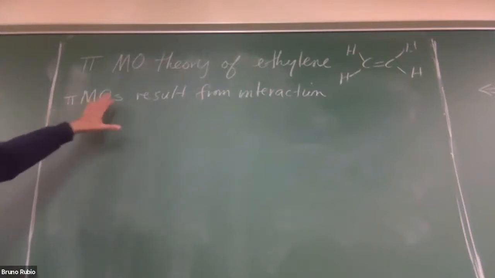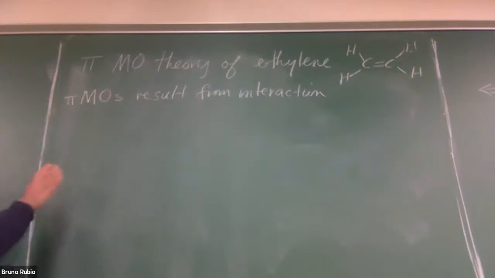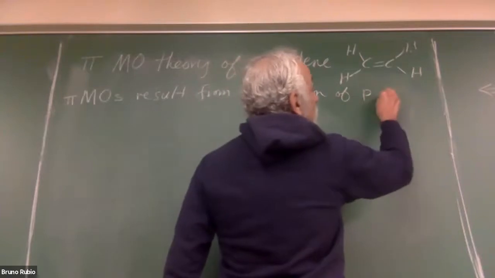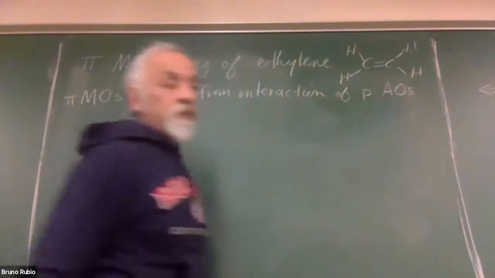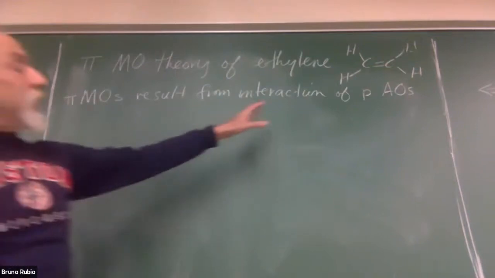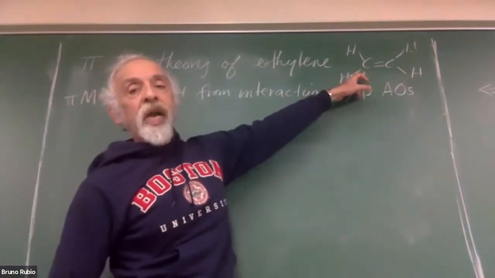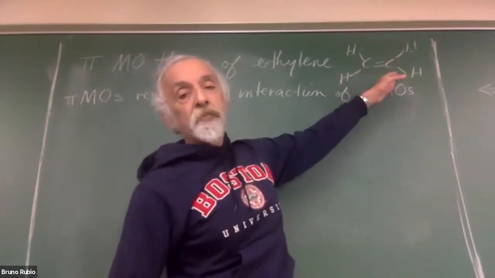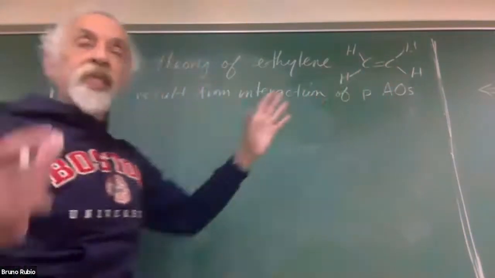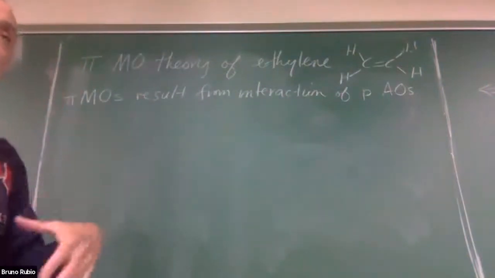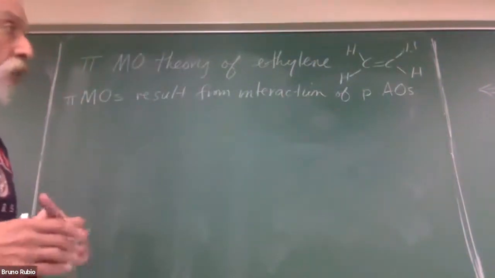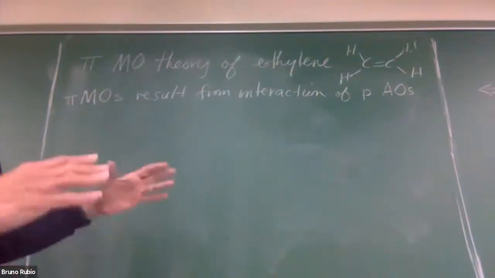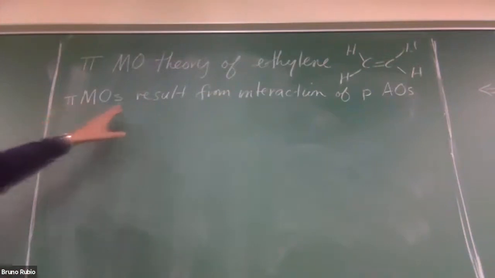The pi molecular orbitals result from the interaction of p atomic orbitals. So in ethylene, this carbon here is sp2 hybridized. There's a p orbital there. This is sp2 hybridized. There's a p orbital there. So when these p orbitals interact, they form the pi molecular orbitals. P orbitals, they're atomic orbitals. The molecular orbital here would be the pi molecular orbital.